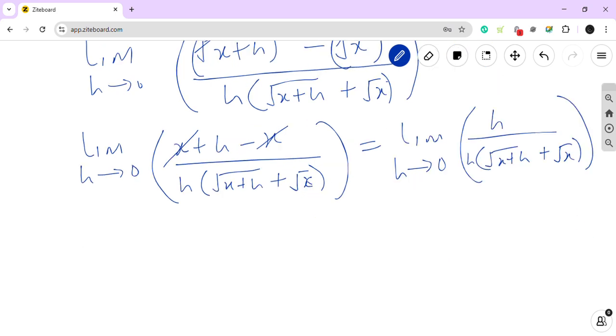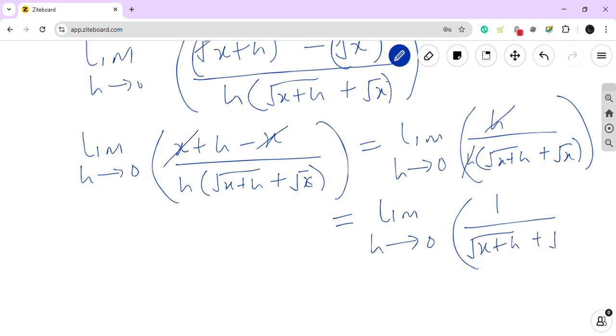Our h can cancel the h here, so we are left with 1 over root x plus h plus root x.